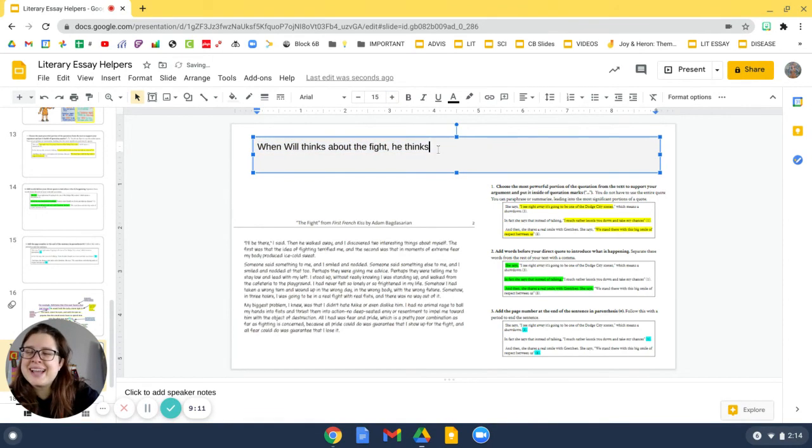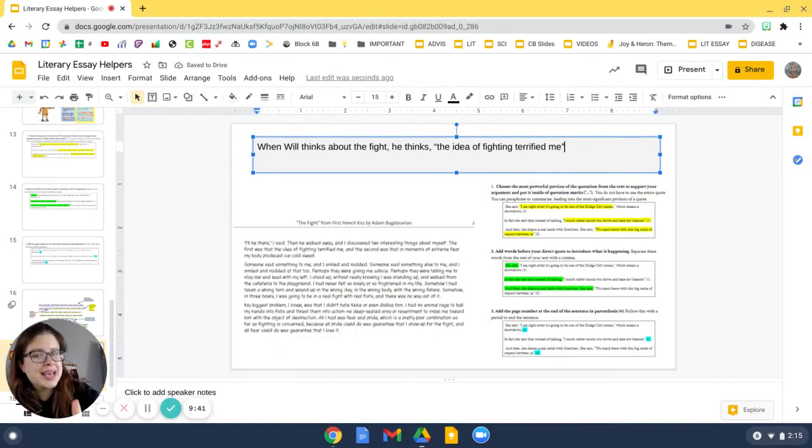The next thing I need to do is include a comma. Then I'm going to put a quotation mark. And I'm going to now put my words right from the story. So I'm going to put the idea of fighting, oops, not flighting, terrified me. Now I'm finished with my quote, so I'm going to put a quotation mark at the end.